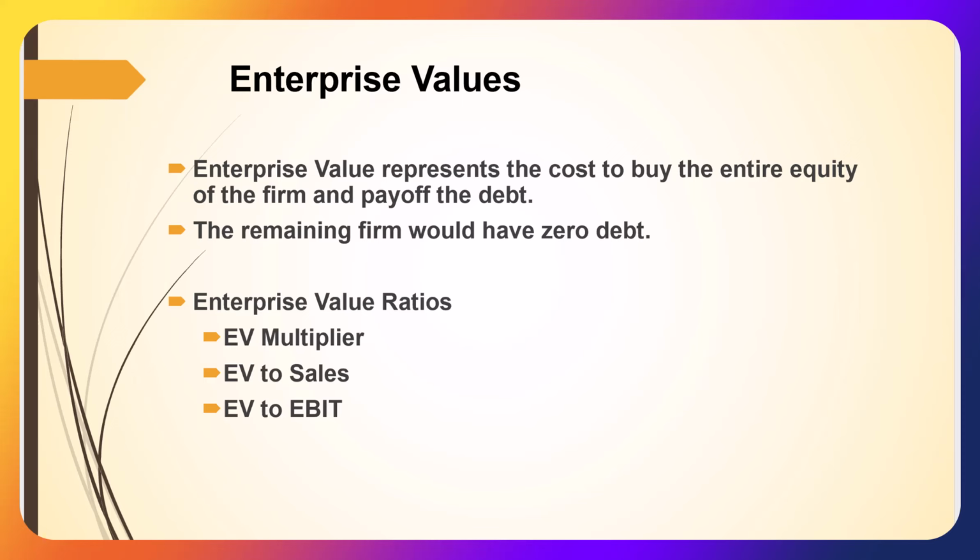Enterprise values are another set of ratios that can be reflective, if you will, of other types of ratios we've talked about before. But rather than looking at sales and profits and operating profit, these look at how we compare the entire value of the company to some asset number.